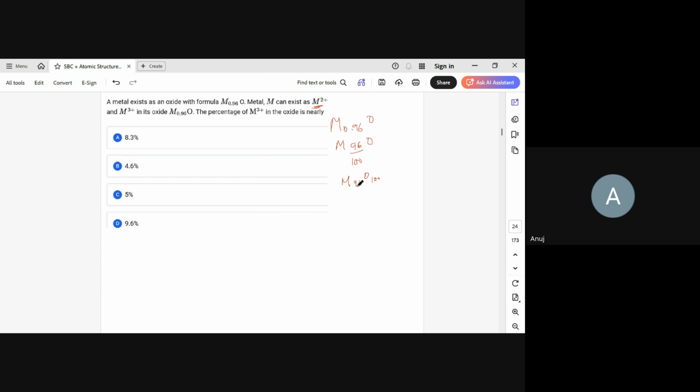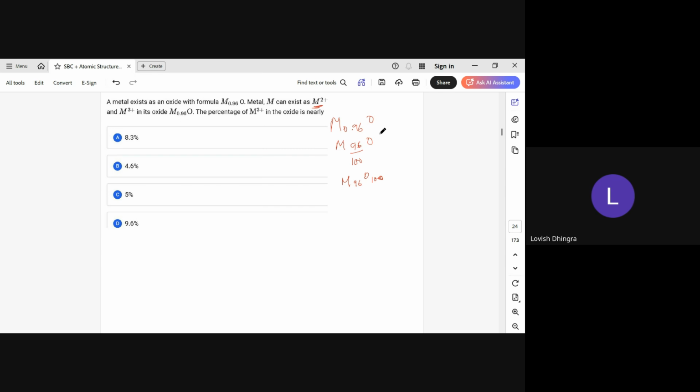Sir, I think it's easier if you take 0.96 into 2x plus 3 times (1 minus x), with x being the mole fraction of one and 1 minus x the mole fraction of the other, and that is equal to 2, because there's a ratio of 2 and 3 we need to find.